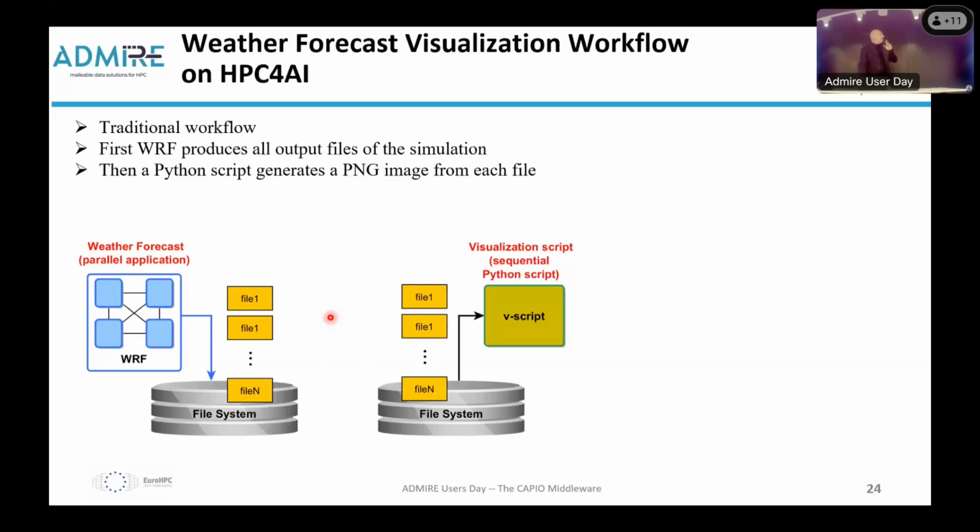The last thing that I want to show you is related to the Admire project, the weather forecast visualization workflow. In this case, we have a Fortran-based application that uses MPI for communication. It is called WRF, which stands for Weather Research and Forecasting.